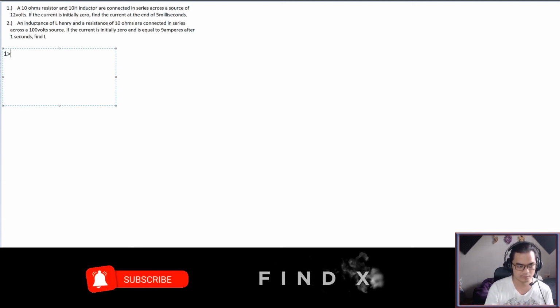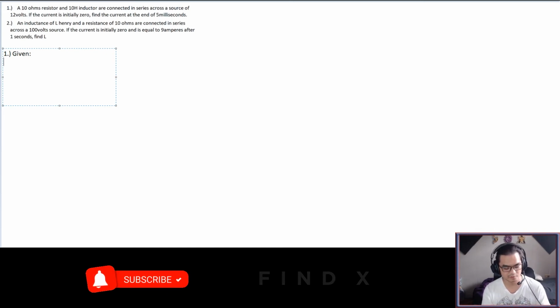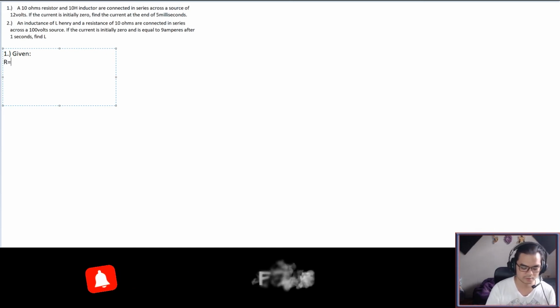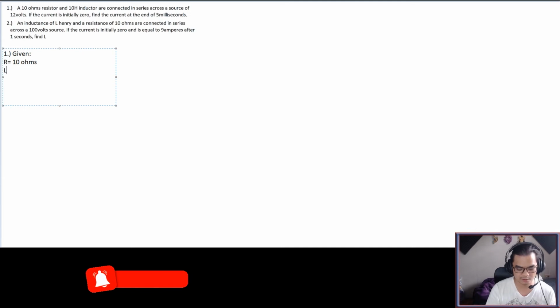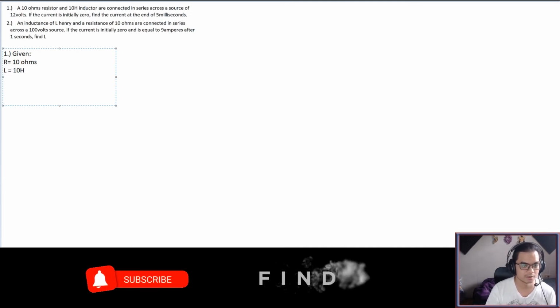There you go. For number 1, given we have a 10 ohms resistor, that will be your R, 10 ohms. And then we have a 10 Henry inductor, that is your L, 10 Henry. And a source of 12 volts, so your V will be equal to 12 volts.